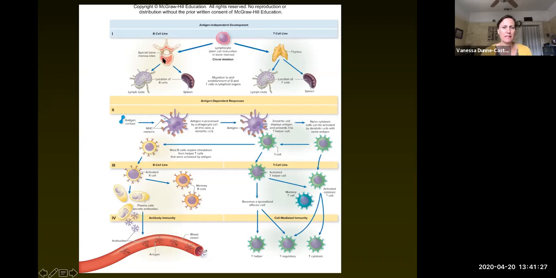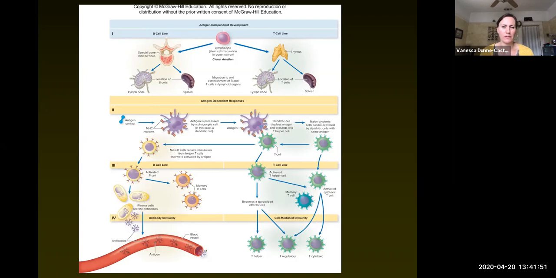We remember that B cells are developed in the bone marrow and then stay in the bone marrow for their differentiation. This is also important. The differentiation part is important in the development of that specific B cell receptor, which, if you recall, we called the immunoglobulin class D, which is usually on the surface of naive B cells.